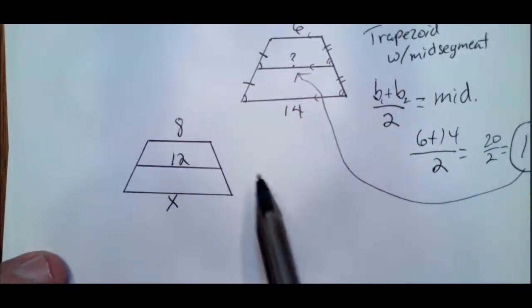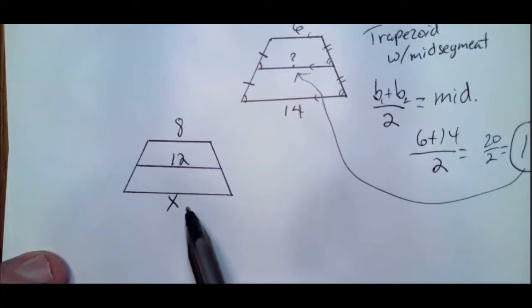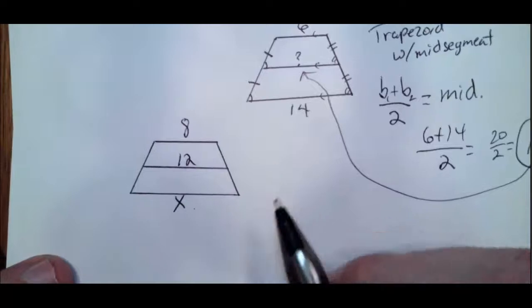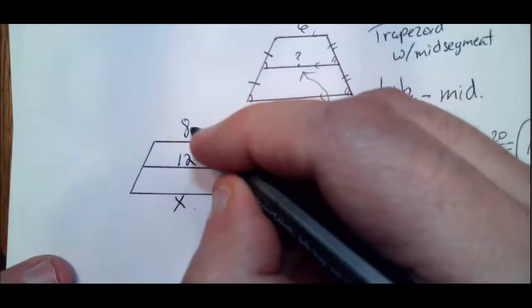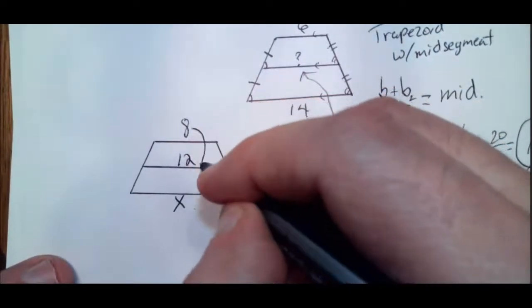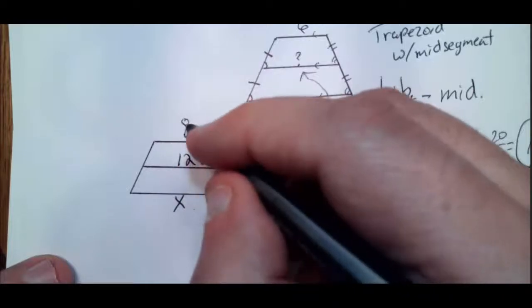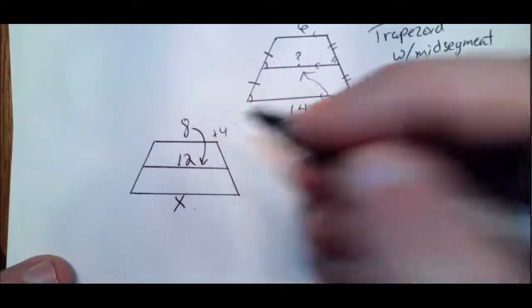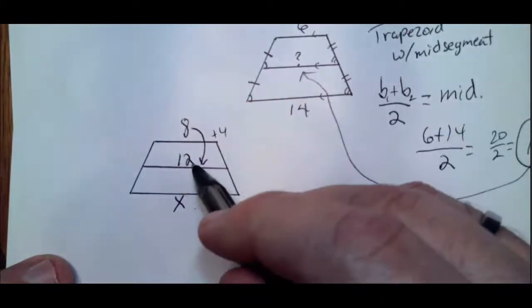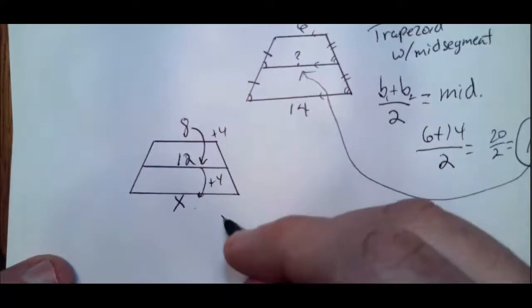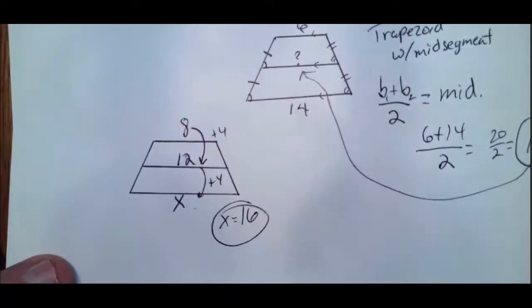Now you can still use the formula base plus base divided by 2 is equal to the mid-segment and do algebra, but I do have a little shortcut. If you notice, if you go from 8 to 12, how many did you count to get from 8 to 12? It looks like you added 4, right? Well, if this is the middle, add 4 to the 12, so x is 16. It'll work like that every time.